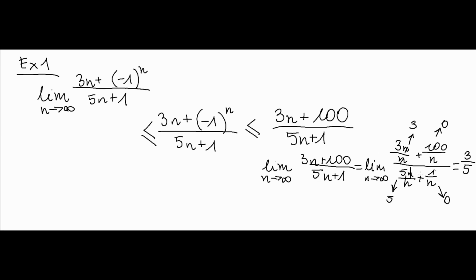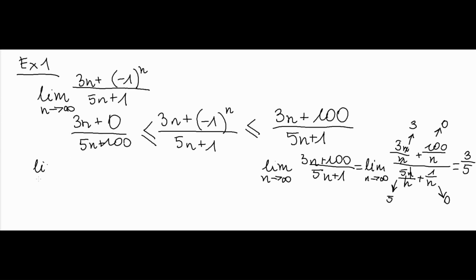Now you're going to do the same thing, but just making the middle equation smaller. I'll take 3n again, plus something that is smaller than minus 1 to the power of n, so I'm going to take 0. All this divided by 5n plus a number that is bigger than 1, so 100, for example.